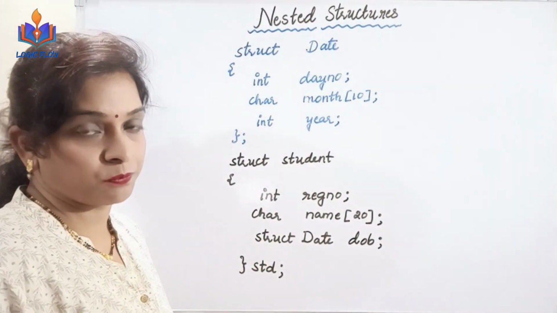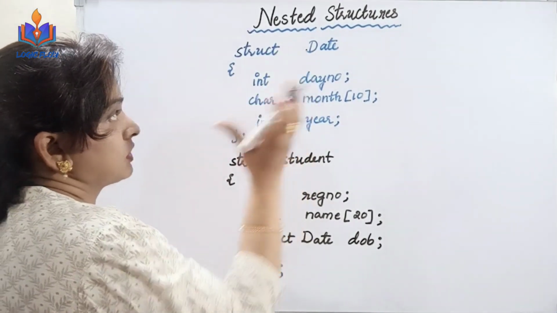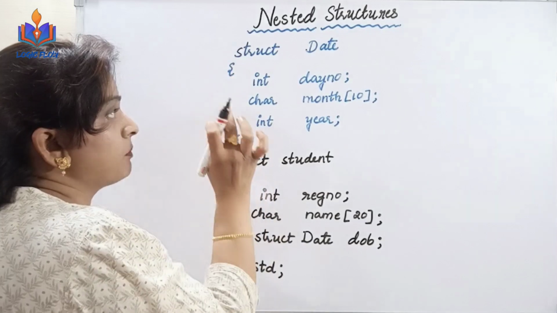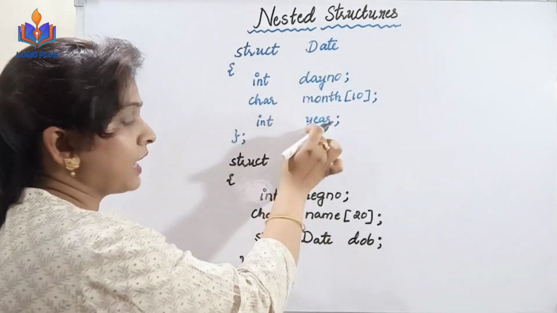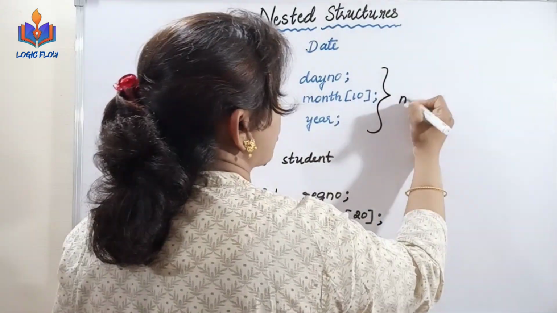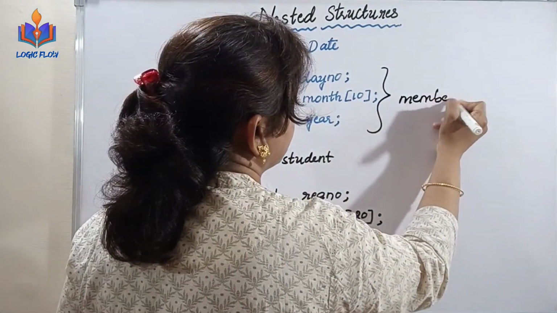We have two structures. The first structure is date. The structure name is date, followed by the members day number, month and year. All these members are of fundamental type, right?